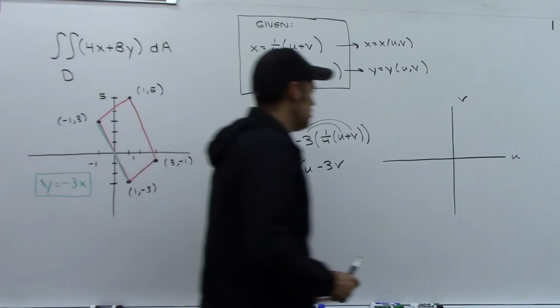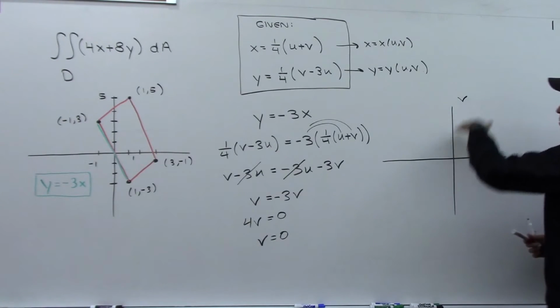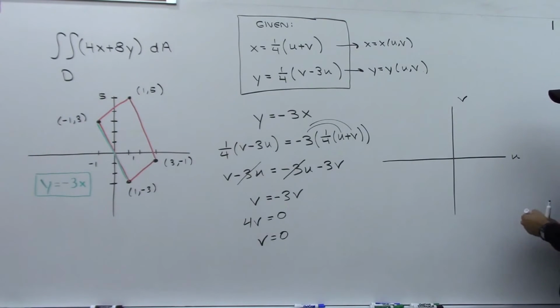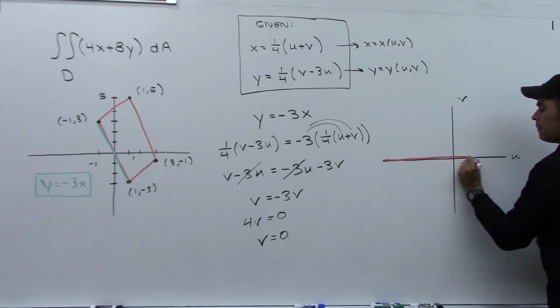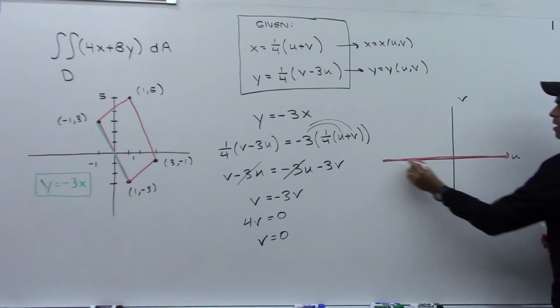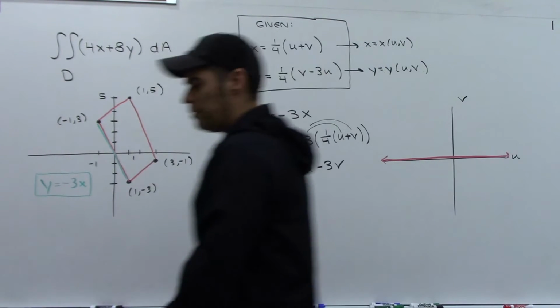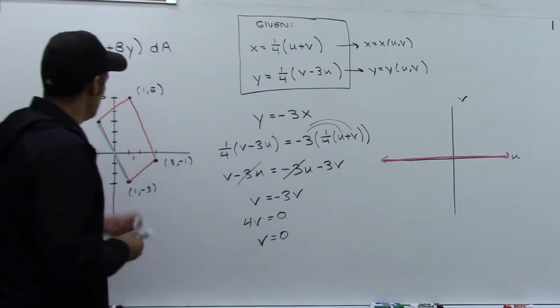Well, v equals 0 is the equation of a line. V is kind of like the y-axis was over there. So v being 0 corresponds to this line over here, which is like the u-axis. Okay. That's the first transformation. Now let me go over here and try and find where, let's see where this one goes.